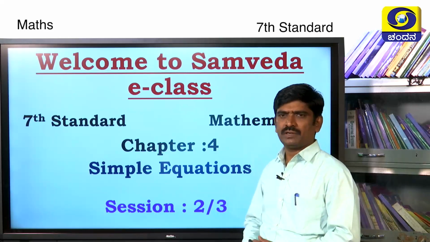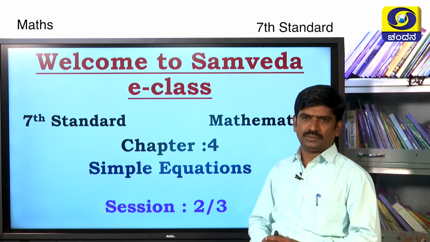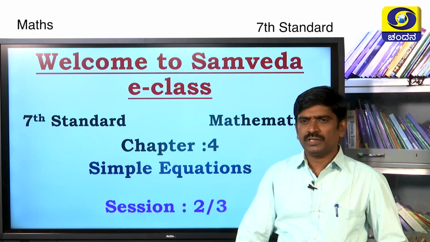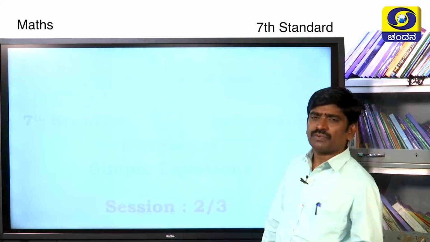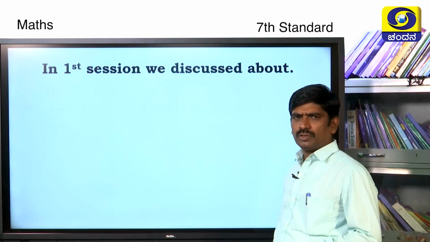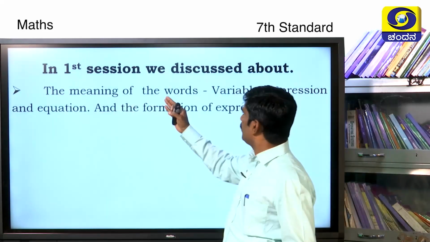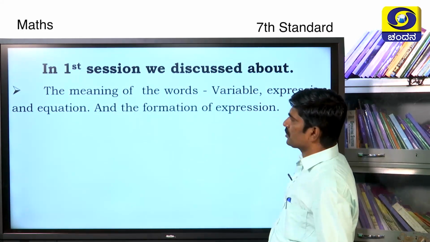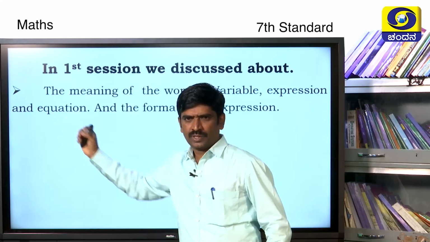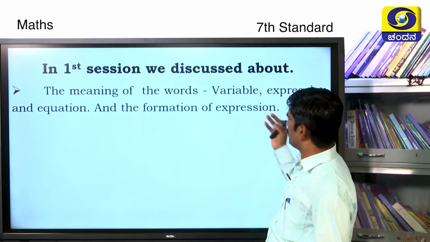This is 7th standard mathematics, 4th chapter, simple equations. This one is the second session. In the first session, we discussed the meaning of the words variable, expression and equations and the formation of expressions.